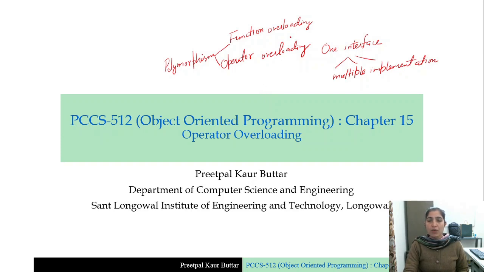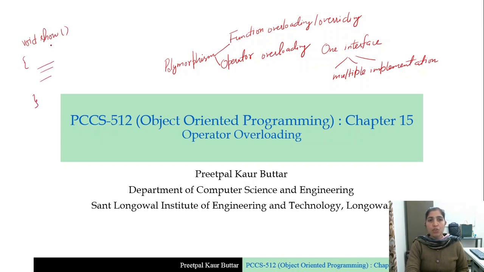In function overloading, or also we can say we achieve this using function overriding, it means we have one interface, that is the name of the function is same. Suppose it is void show. So interface is same, but we can have different implementations.